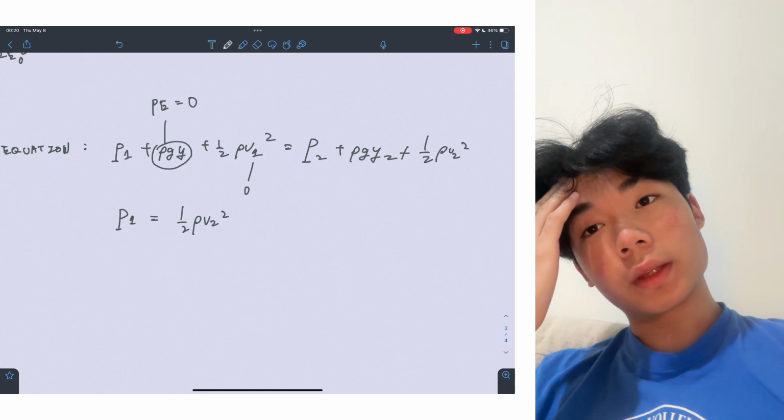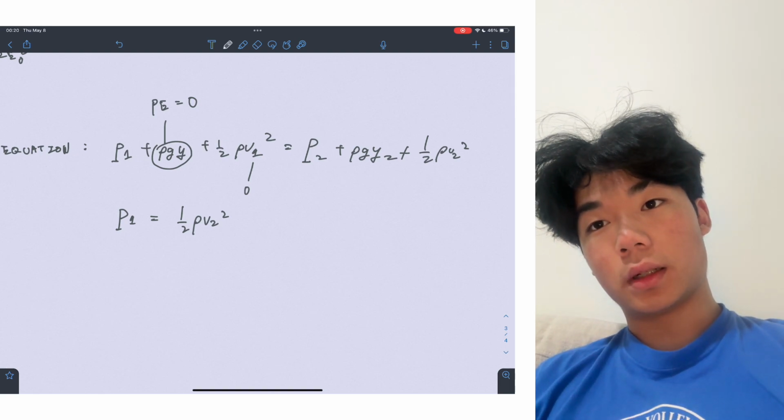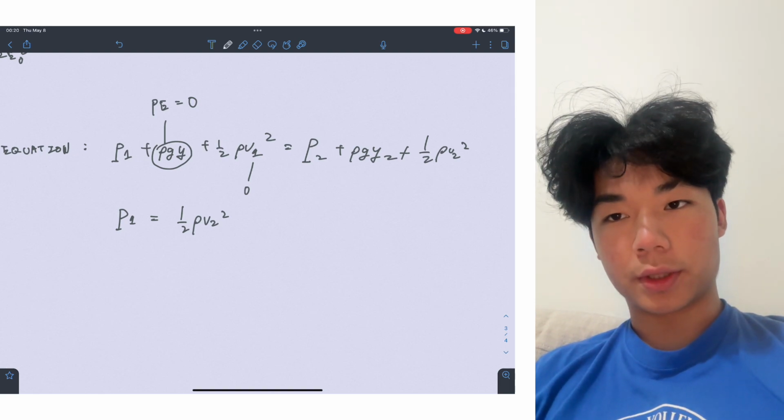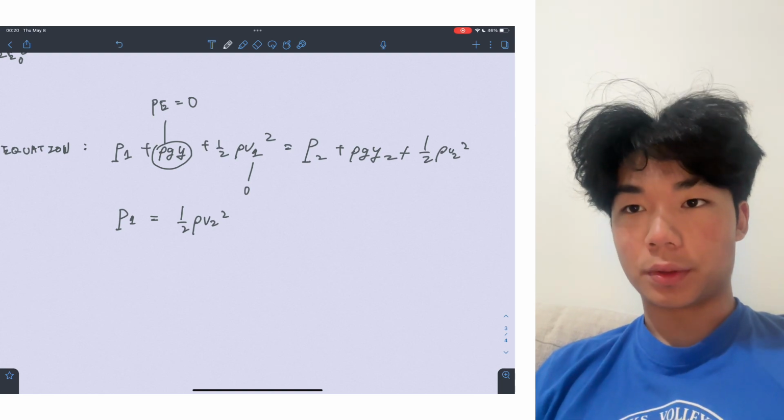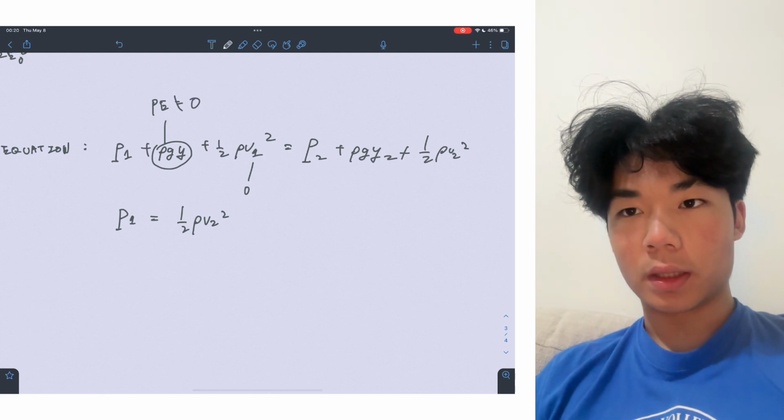So the pressure caused the kinetic energy. I like to think of it like this: the PE equals 0 because it's not moving, so it has to be 0.